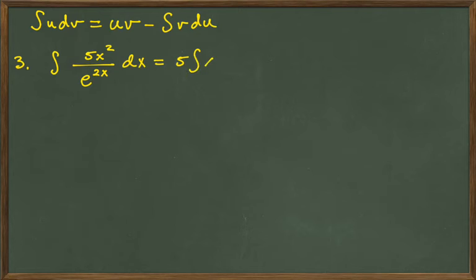We'll go ahead and slide the 5 out and rewrite that as x squared e to the negative 2x dx. Okay, and then your book mentions LIATE as a means of helping you with what your u should be.